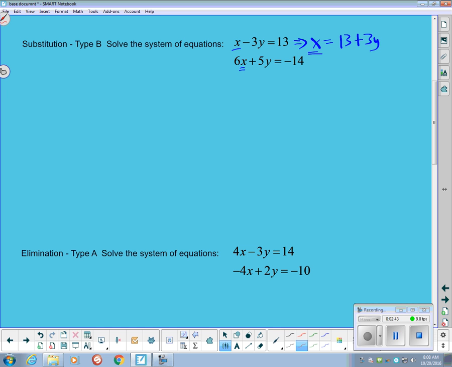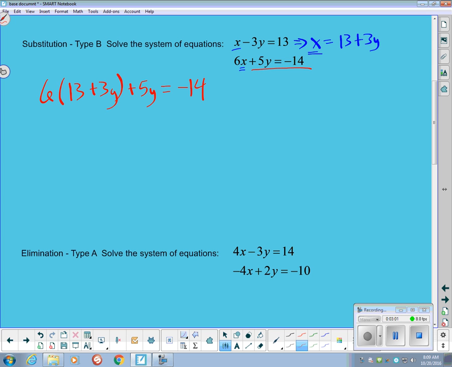So we rewrite our second equation with 6 times what x is, that's 13 plus 3y, and we finish out the rest of this equation. Plus 5y is equal to negative 14, down to just a single variable again.